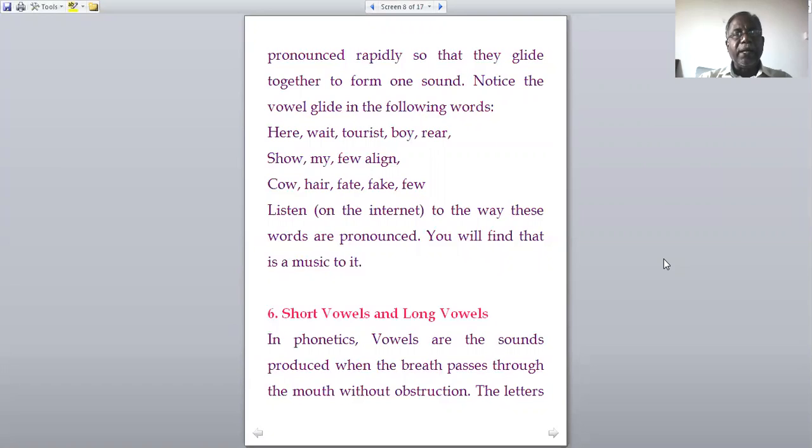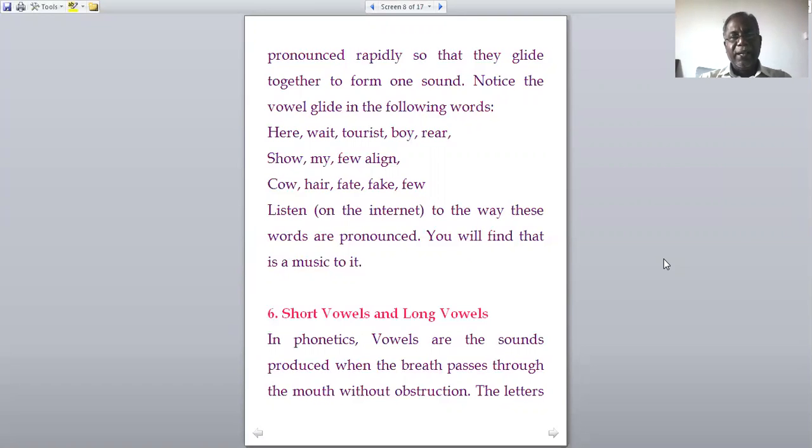Notice the vowel glide in the following words. Ear, wait, tourist, boy, rear. You should say ear, wait, tourist, boy, rear. Show, my, pew, line, cow, air, fate, fake, new. Listen on the internet to the way these words are pronounced. You will find that there is music to it.